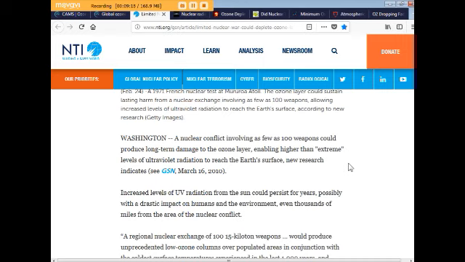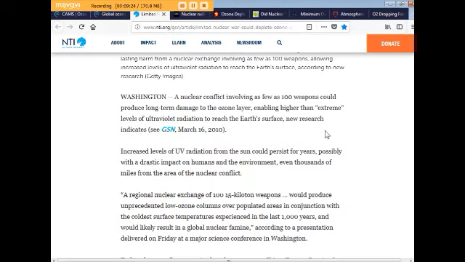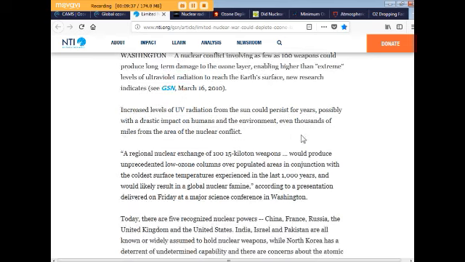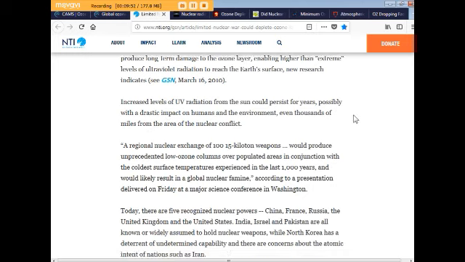A nuclear conflict involving as few as 100 weapons could produce long-term damage to the ozone layer, enabling higher than extreme levels of ultraviolet radiation to reach the Earth's surface, new research indicates. See GSN, March 16, 2010. Increased levels of UV radiation from the sun could persist for years, possibly with a drastic impact on humans and the environment, even thousands of miles from the area of the nuclear conflict.